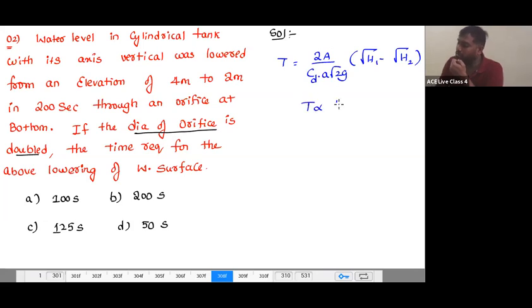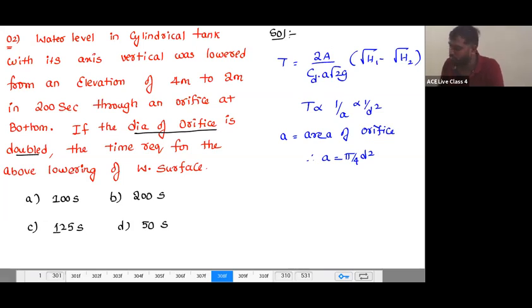T is inversely proportional to a, where a is the area of the orifice, which means a is equal to pi by 4 d squared. So now can I write T as inversely proportional to d squared? Yes or no? Now T2 by T1 is equal to d1 by d2 whole squared.